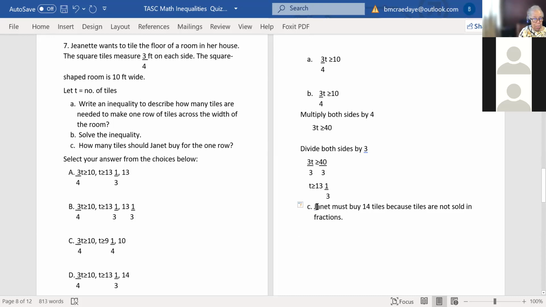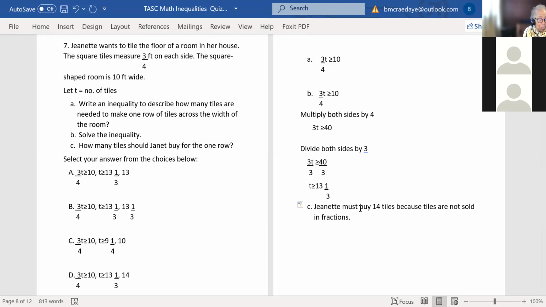Oh, well, this is Jeanette, J-E-A-N. So Jeanette must buy 14 tiles because tiles are not sold in fractions. So she has to buy whole pieces of tiles.